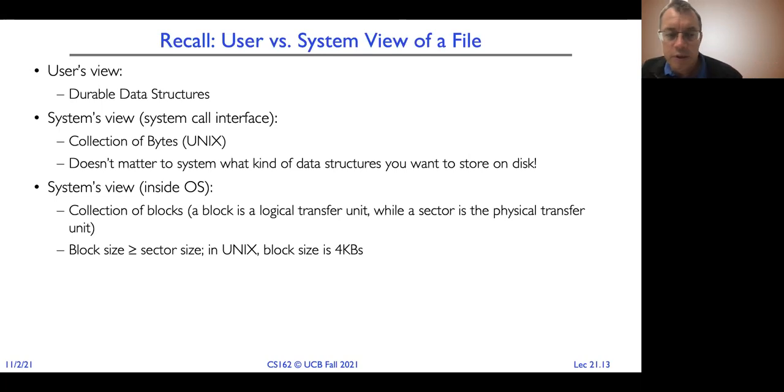Then the system view, inside the kernel, is the one which interfaces to the devices. It takes a collection of bytes and maps them to a collection of blocks. The collection of blocks are still logically identified. Logically, again, means that their identification is not the physical identification of where those blocks are on the disk.